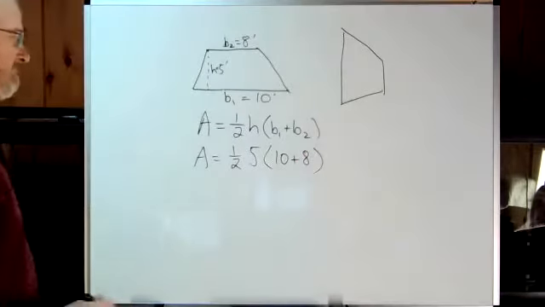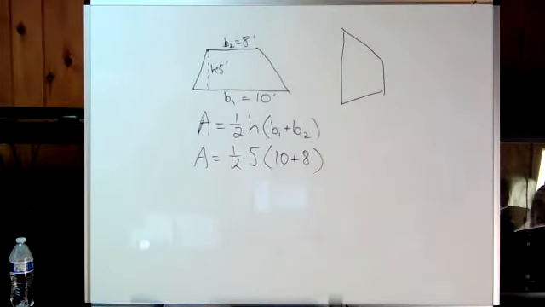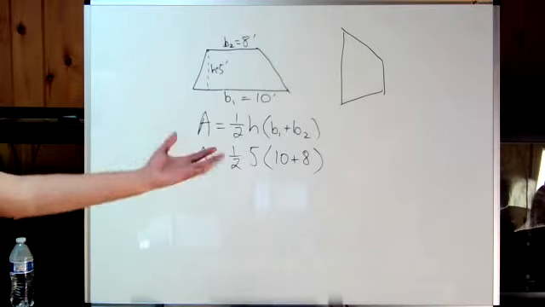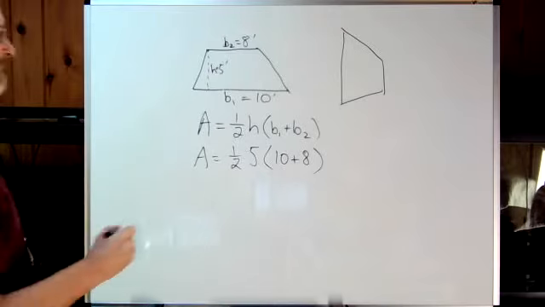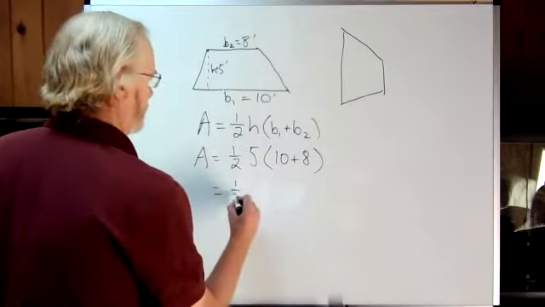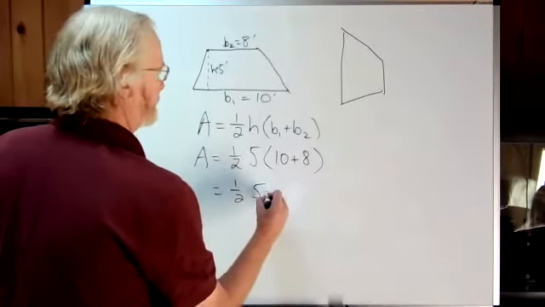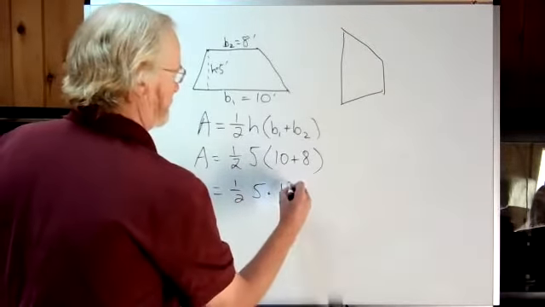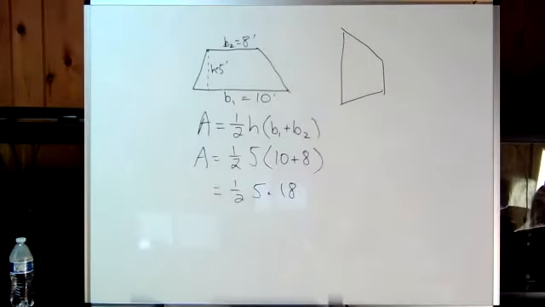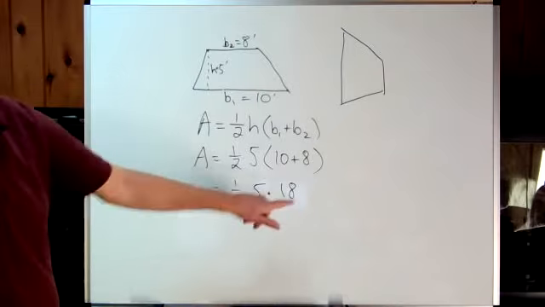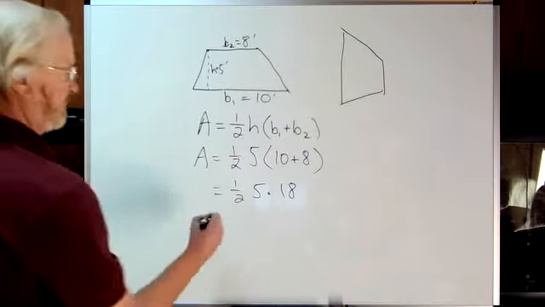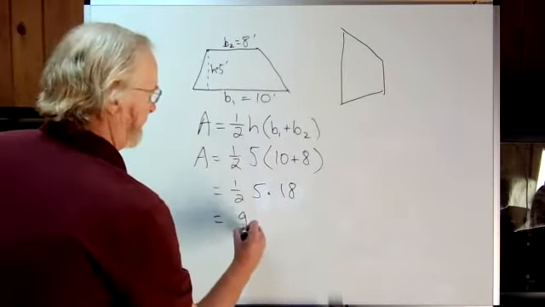Now here we do have some order of operations. That is a grouping. Let's simplify in there first. 1/2 times 5 times 18. Here's a time I actually am going to use that commutative property and say, I'm going to do 1/2 of the 18 first, and get 9 times 5.